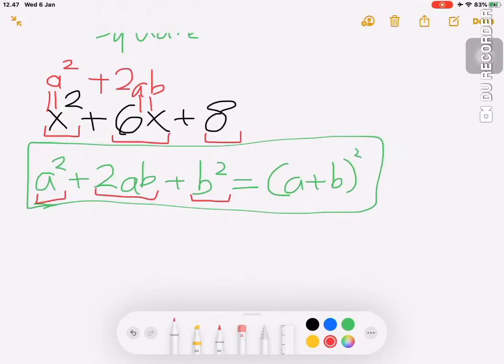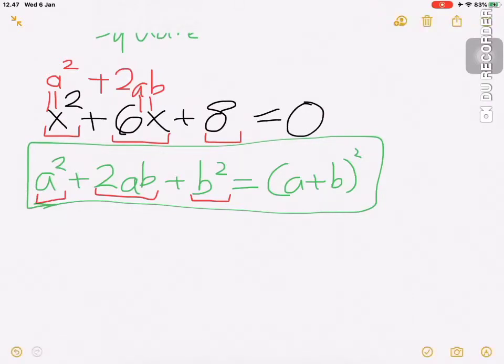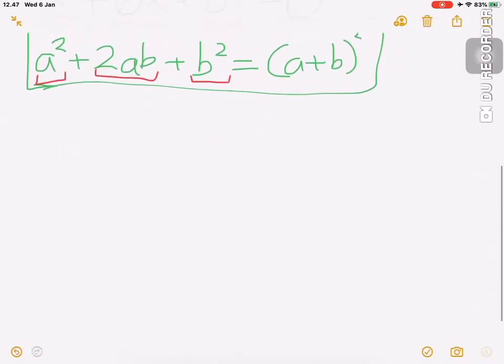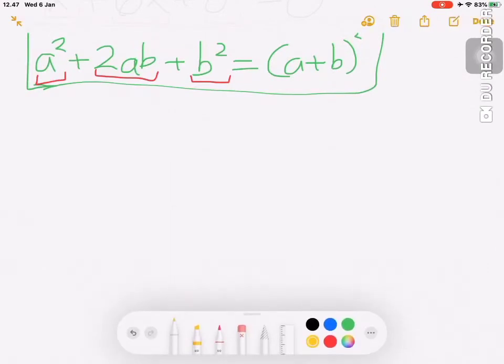So first we set these equal to each other, solve for a and b, and then we can find what b squared is supposed to be. Oops, I forgot to add plus 0 equals 0 here.